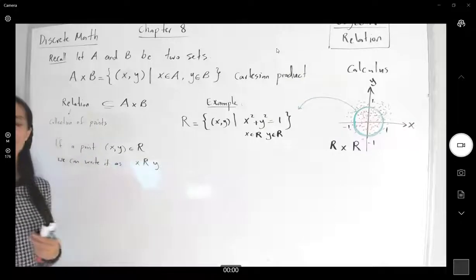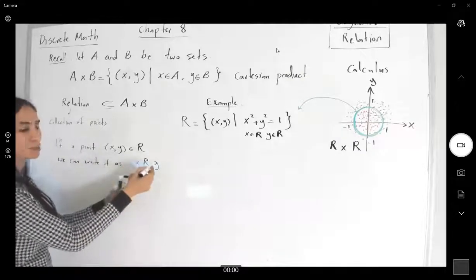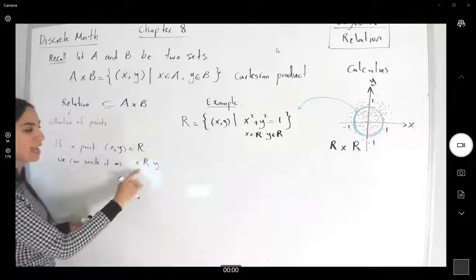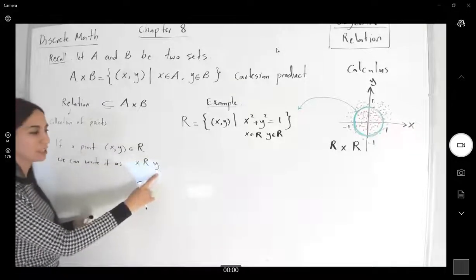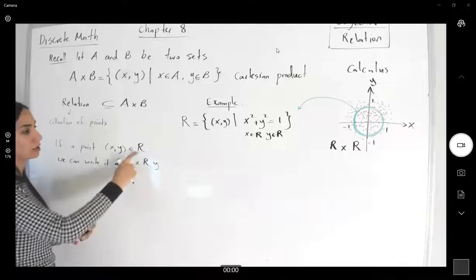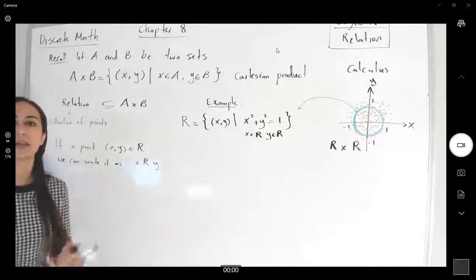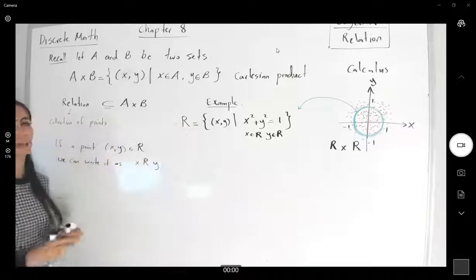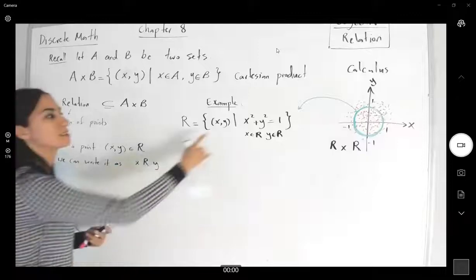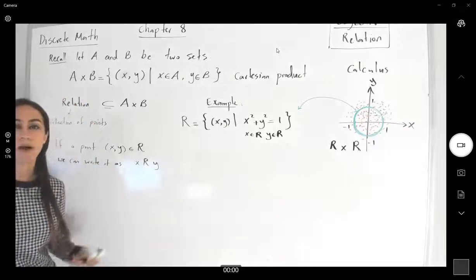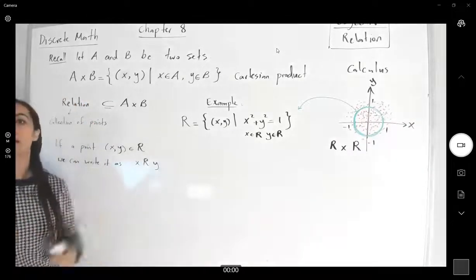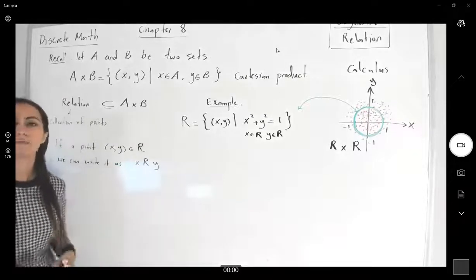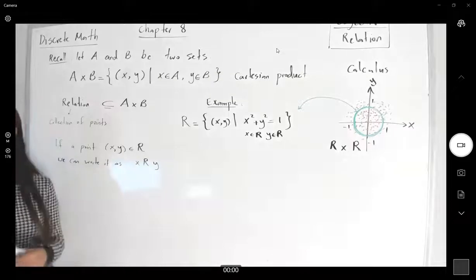What's the meaning of that? It means that x is related to y in R, or x has a relation with y using R. You might use S, T, or any other capital letter to represent a relation between points either in the plane, or in Z Cartesian product with Z, N Cartesian product with N, and many more sets.